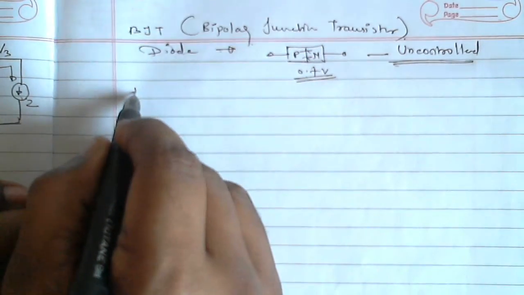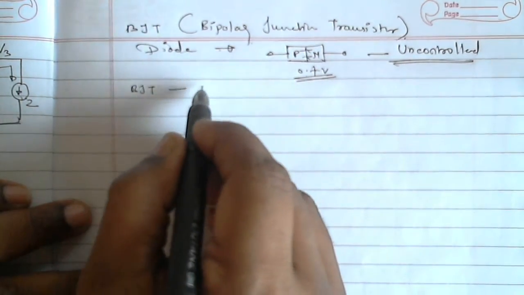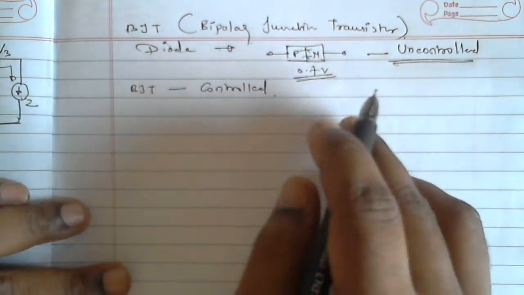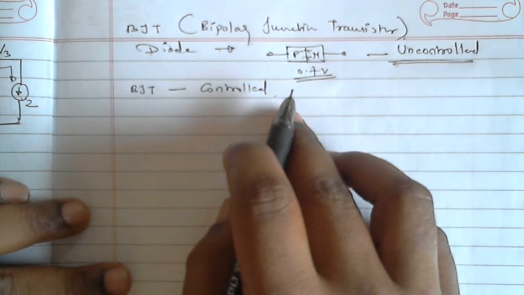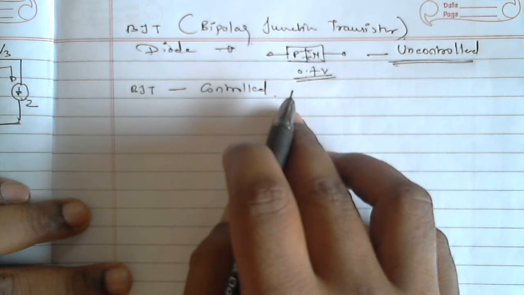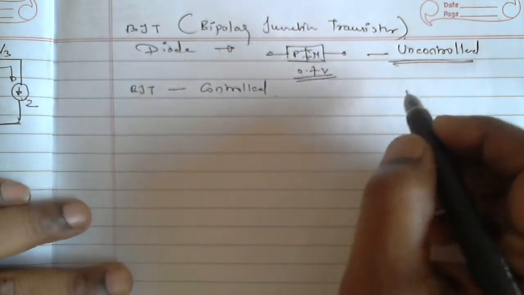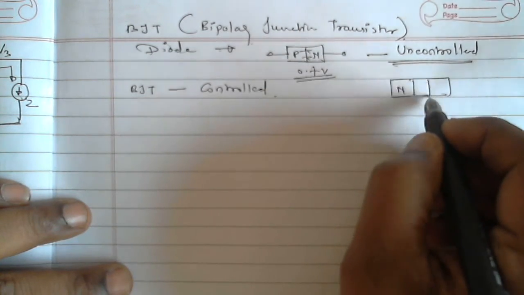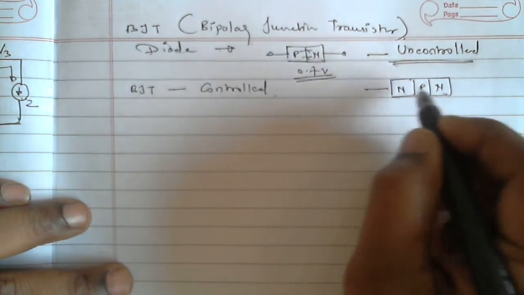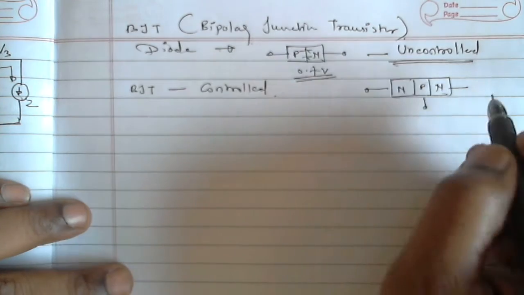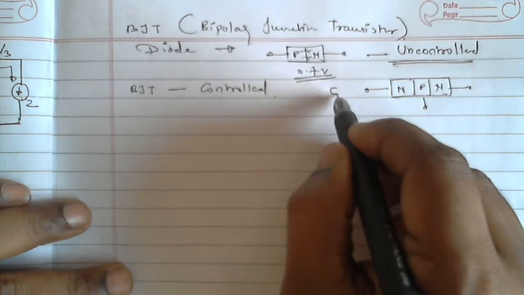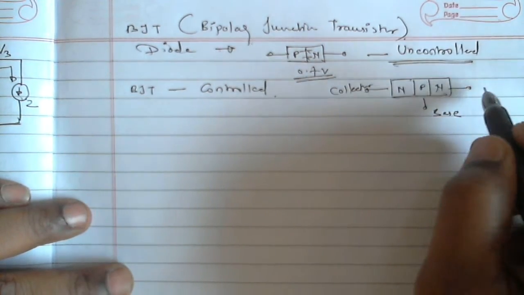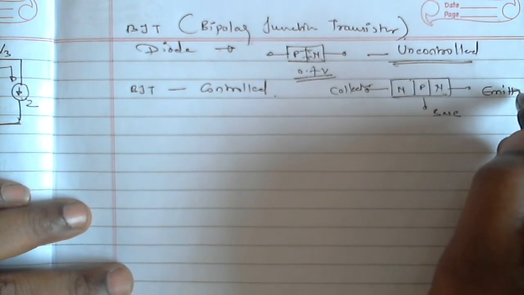But BJT is a controlled device. Why is it a controlled device? Because it can be turned on when a current signal is given to its base. It is a three-layer device, NPN or PNP. Its terminals are named collector, base, and emitter.